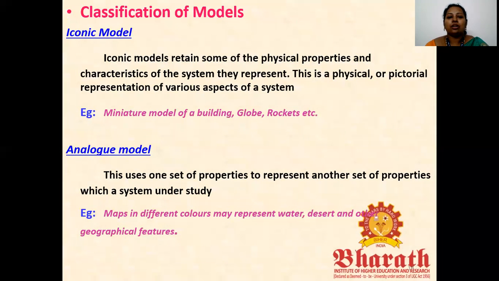Then after that, the analog model. The analog model uses one set of properties to represent another set of properties within the system under study. An example is maps in different colors that may represent water, desert, or river, or geographical features.